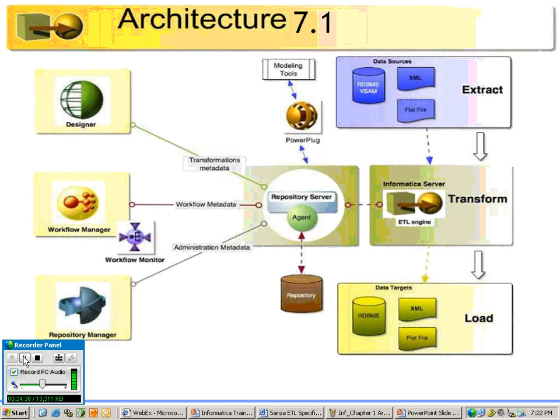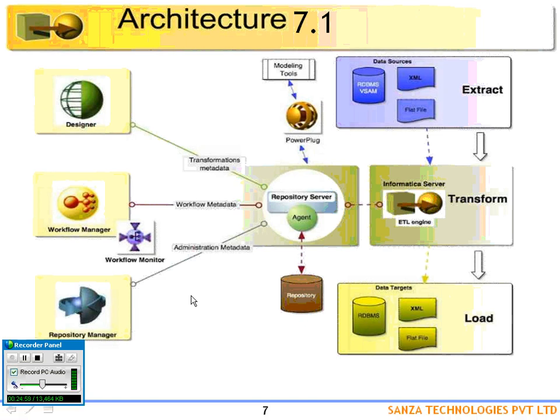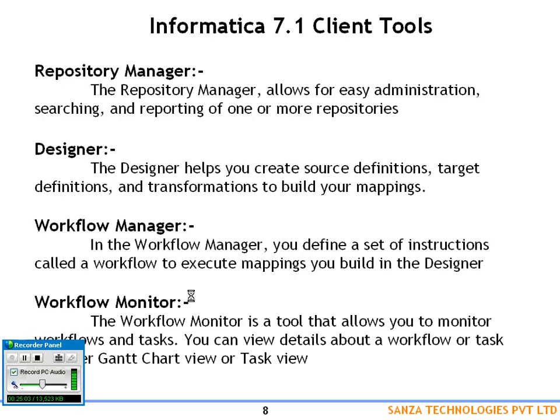For all ETL developers, whenever you want to see any failures or the reason for a failure, you have to access the session log file. This is the overall architecture of Informatica 7.1. Then, as I discussed before, the Repository Manager client tool is used for administration purposes.